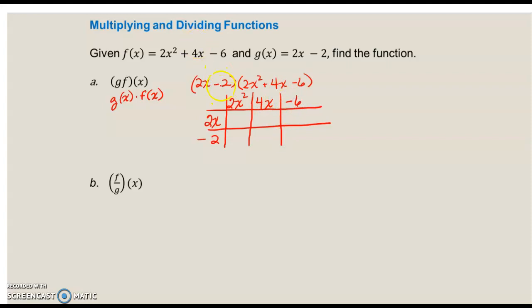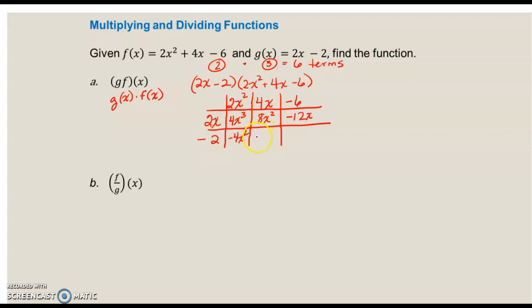If I have 2 terms here and 3 terms here, I'm going to end up with 6 terms that I'll have to combine. 2x times 2x squared is 4x cubed. 2x times 4x is 8x squared. 2x times negative 6 is negative 12x. Negative 2 times 2x squared is negative 4x squared. And you can see they match up on the diagonal.